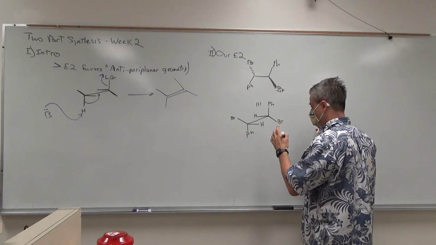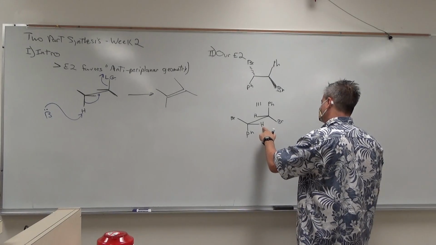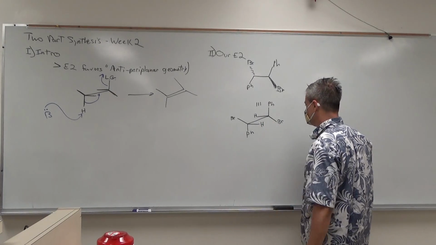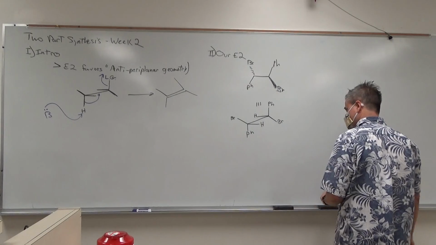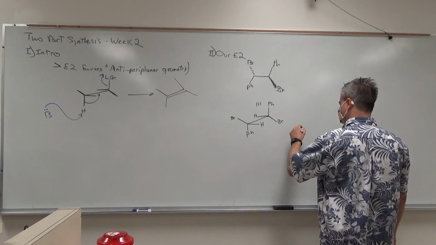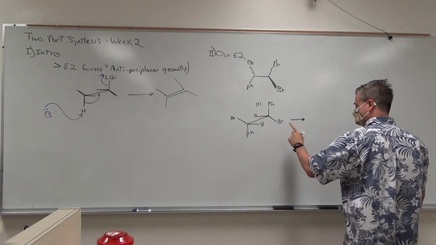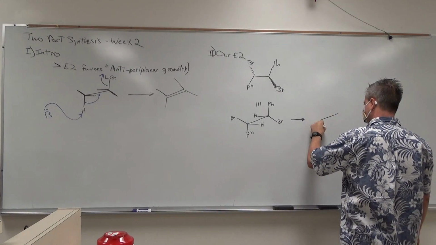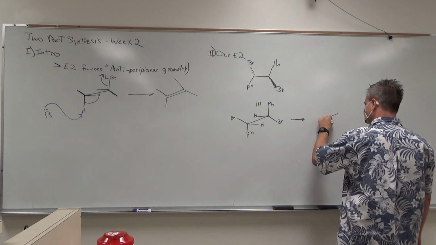All right, so our leaving groups for this are going to be, we can pick either one because we're going to do both of them eventually, but let's make that the proton we're going to pull off, and that's going to be the leaving group. So we need to do some rotating here. All right. So let's rotate that front one, put the H down.